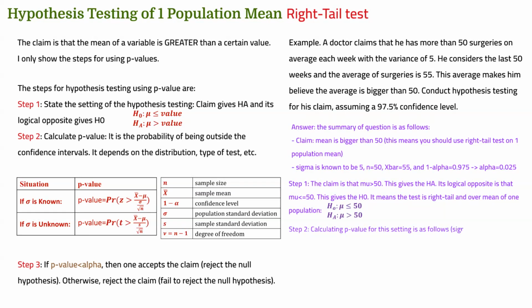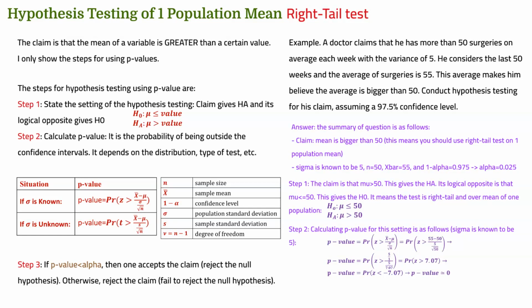Step 2, calculate p-value for this setting. Now you know that sigma is known to be 5. P-value is probability of z greater than x bar minus mu over sigma over square root of n. And we know x bar, mu, sigma, and n. We plug in every value here. We summarize it.